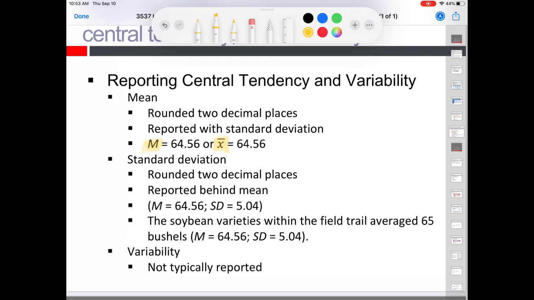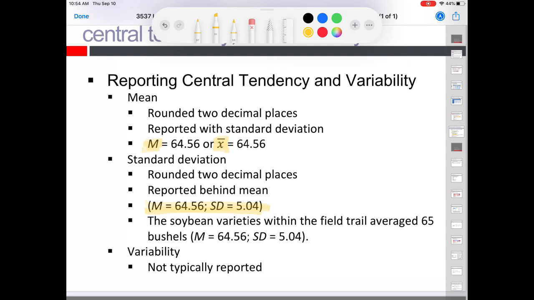And again, this is what the whole situation is going to look like right here. So you report your mean equals 64.56; standard deviation equals 5.04.